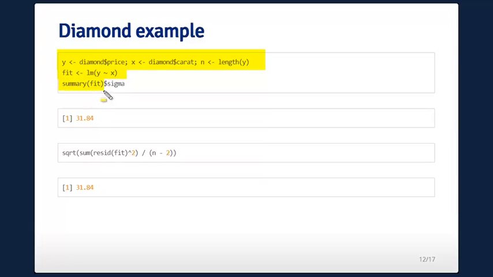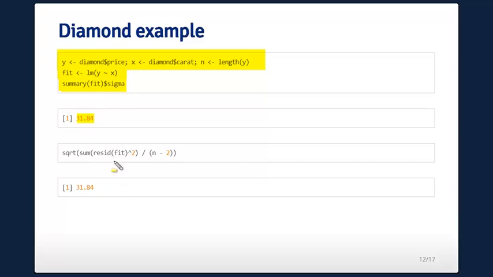The function summary really gives you a lot of information about the fitted model. So summary is great, but summary creates a list, and the specific element of the list, sigma, is the residual variation. It's expressed as a standard deviation, and in this case that works out to be 31.84.